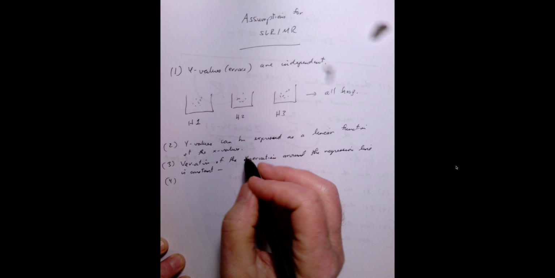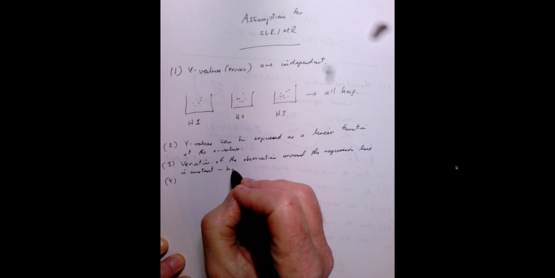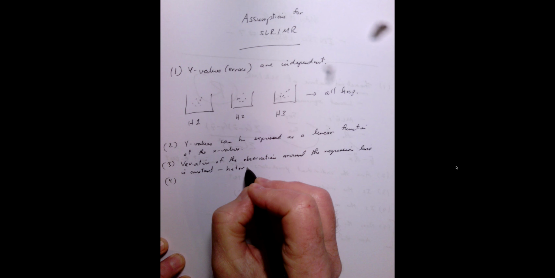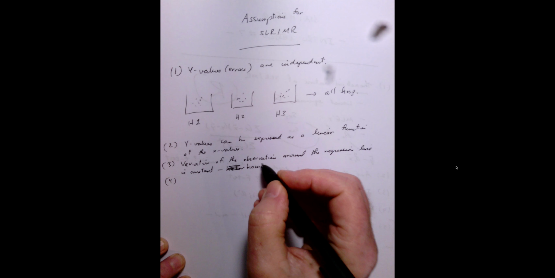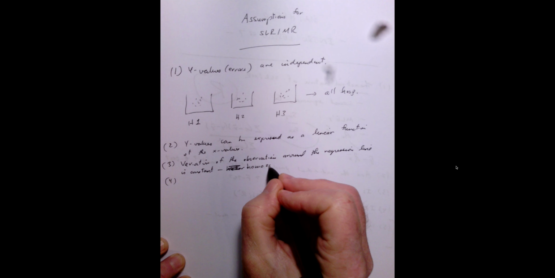And we give this a fancy name. It's called heteroskedasticity. No, I got that wrong. This is called homoskedasticity.